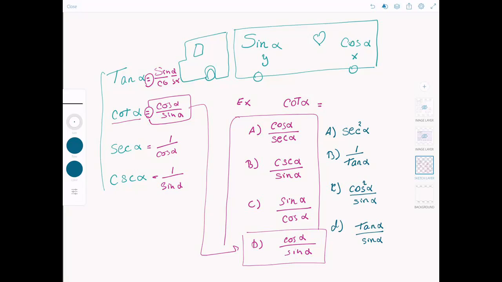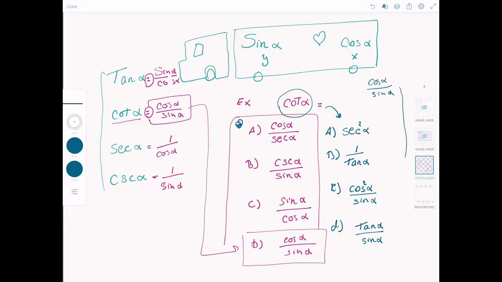B. So the first multiple choice, you love it. It's exactly related to your note sheet. You can just pick it. It's cosine over sine, the first identity of cotangent. But now I made it a little more complicated. When you see cotangent of alpha, in your brain you say, oh, this is cosine alpha over sine alpha.